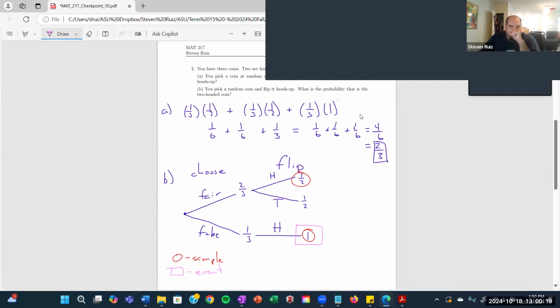Okay. So now, typically, when we find probabilities, the denominator is often everything.